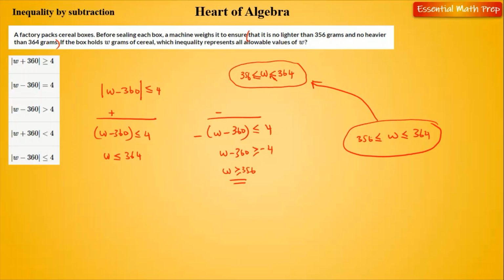Now, let me tell you a quick backstory. When I did the problem the first time, after I read through the problem and figured out the expression, I gauged the choices and figured out, for sure, I want my answer to have a greater than or equal to or less than or equal to.